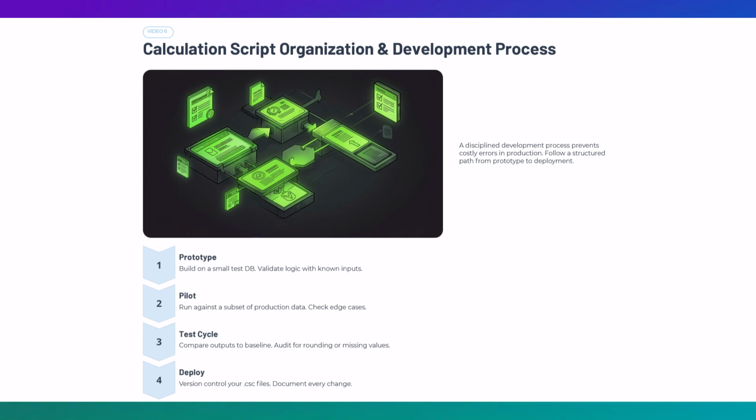Document changes, maintain version control, and prepare a rollback strategy. Following this life cycle dramatically reduces production issues and makes your application easier to support and maintain over time.